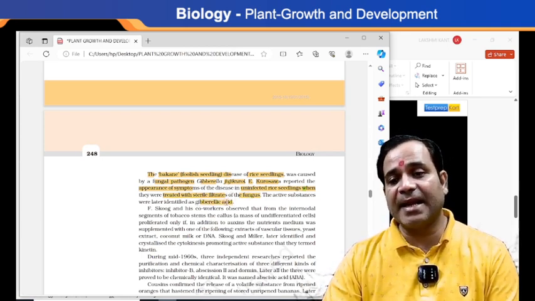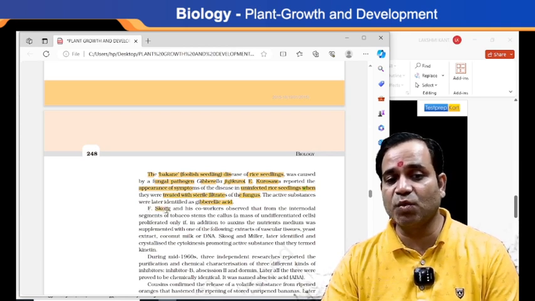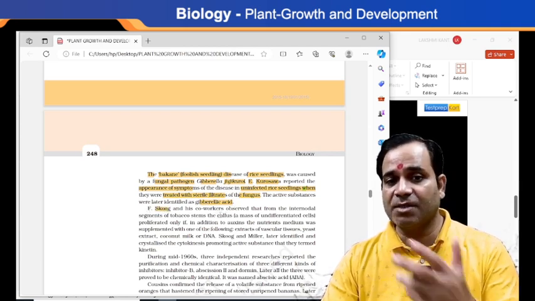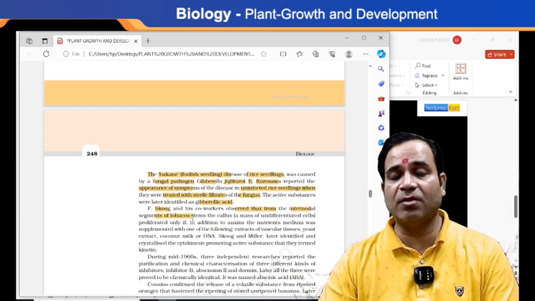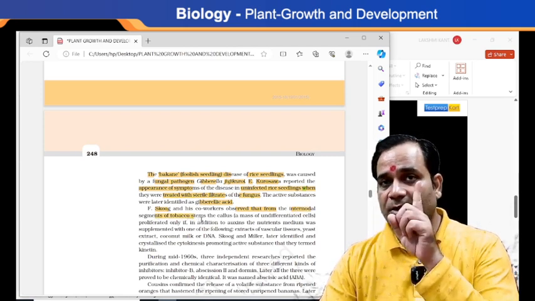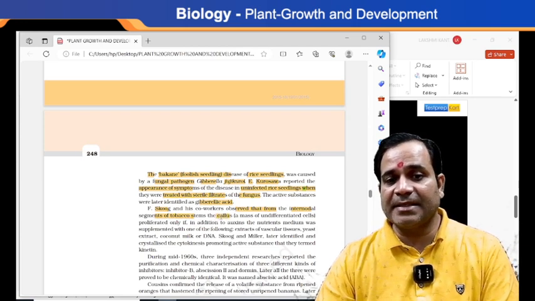Here one scientist, F.C. Steward, along with his co-workers, observed that internodal segments of tobacco stems formed callus.